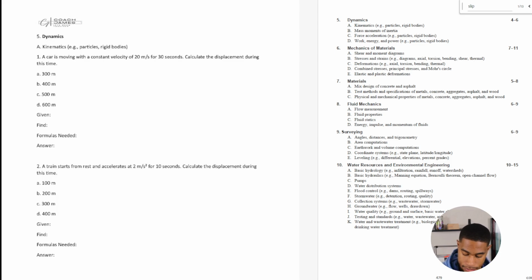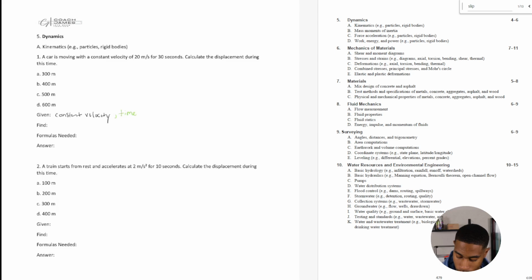So first things first, we want to write out our givens. We're given that we have a constant velocity. Let's use a different color. Make this interesting. That is 20 meters per second. And then we're also given a time.